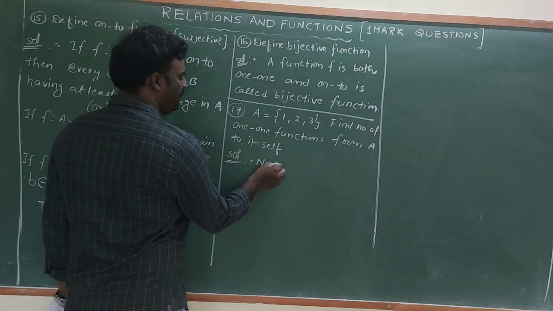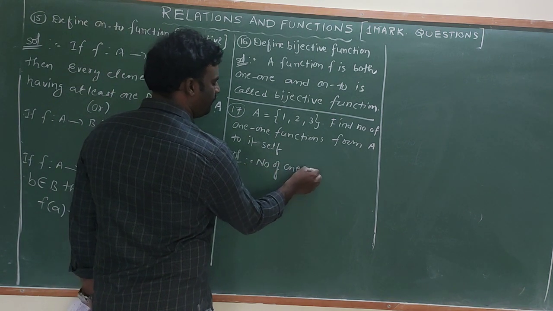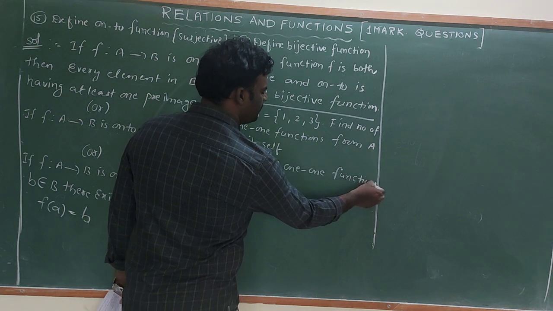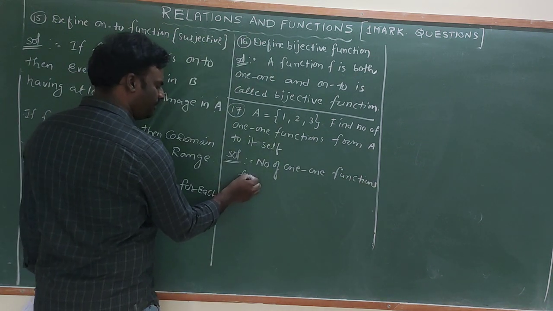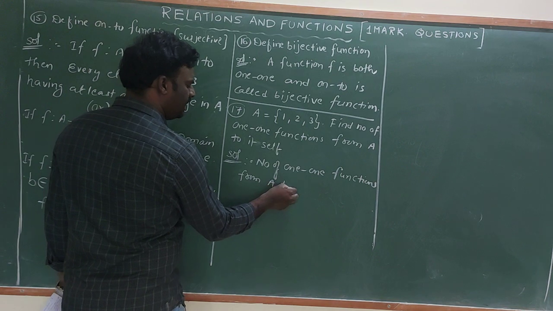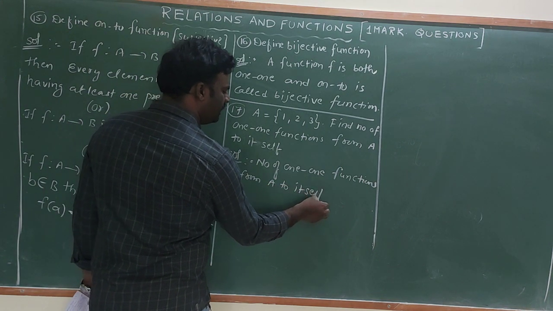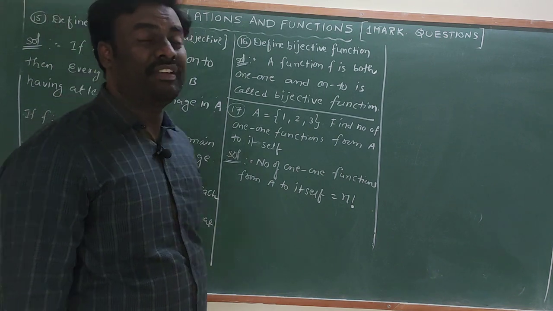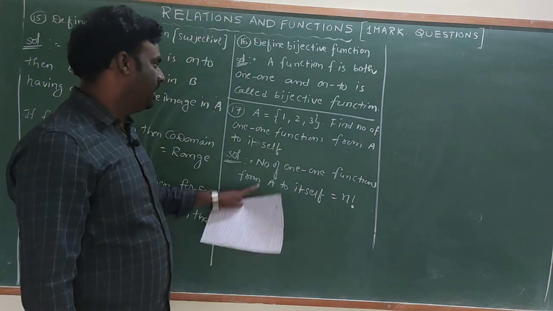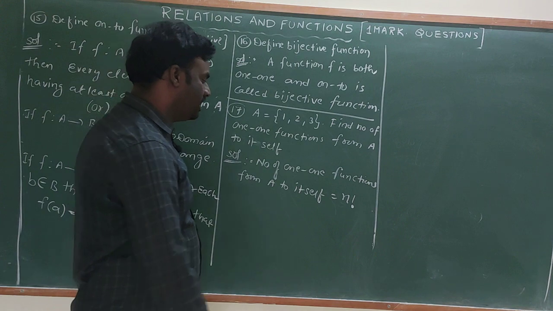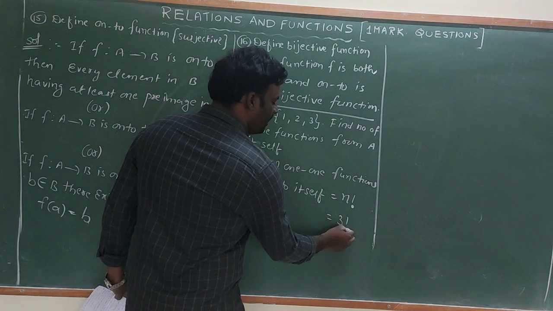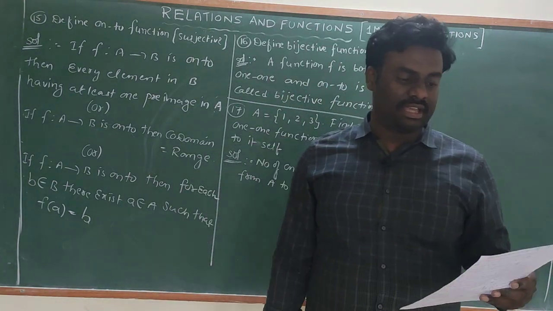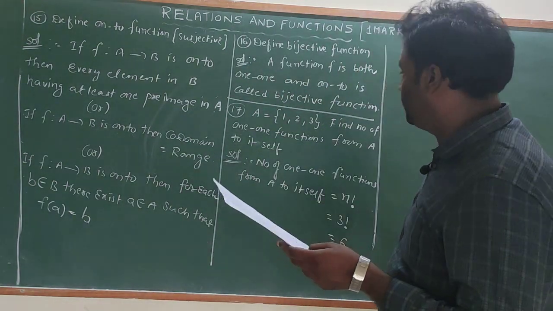What is the formula for the number of one-one functions from a set A to itself? That is equal to n factorial, where n means the number of elements in the set. Here there are 3 elements. Therefore 3 factorial, which is 6. That is the correct answer for this question.